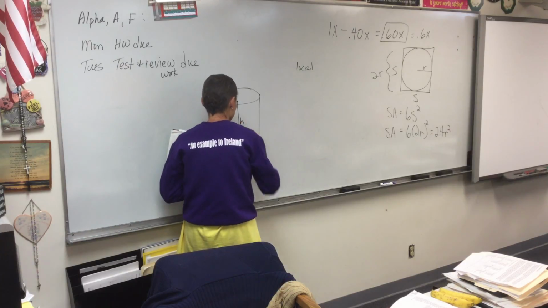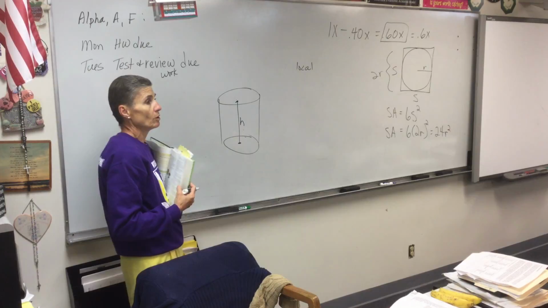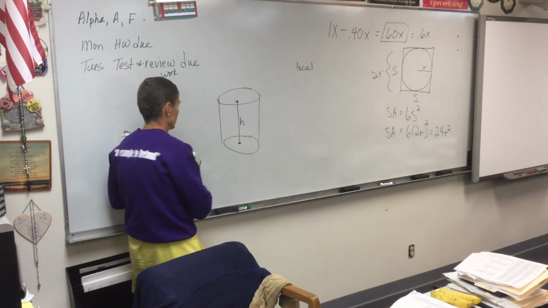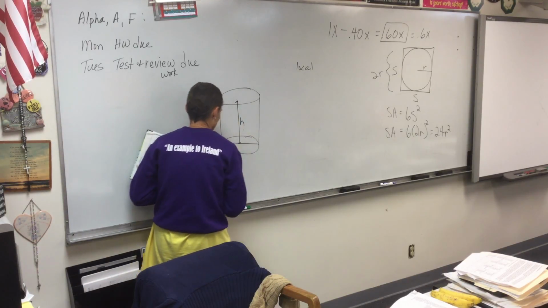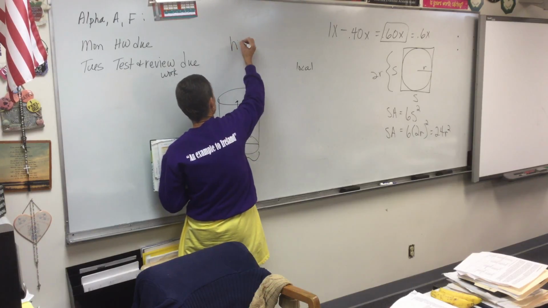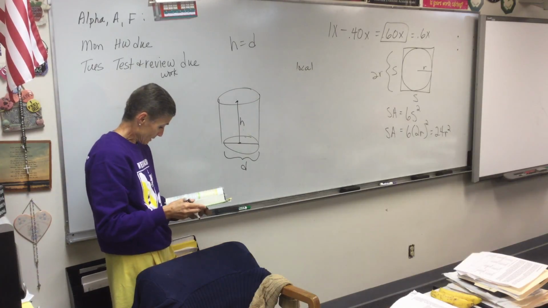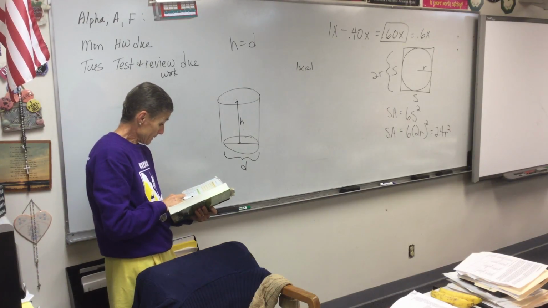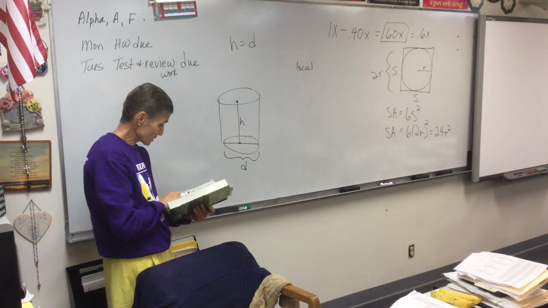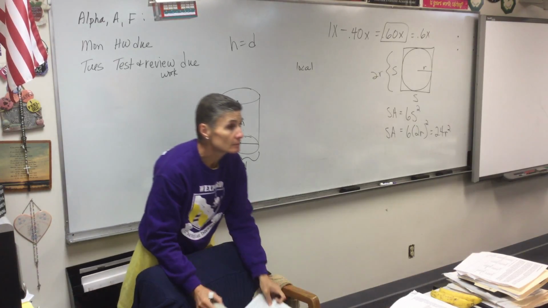And here's my height equals its diameter. So here's the diameter, and it says height and diameter are the same. Where's the question? Okay. Write the volume of the cylinder.